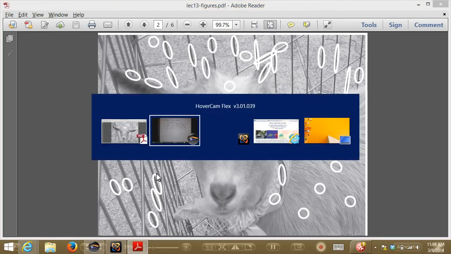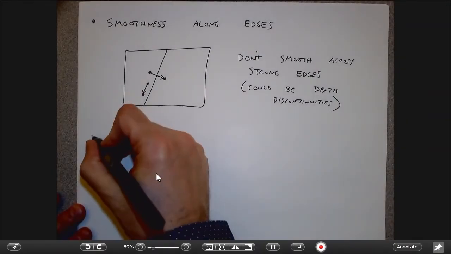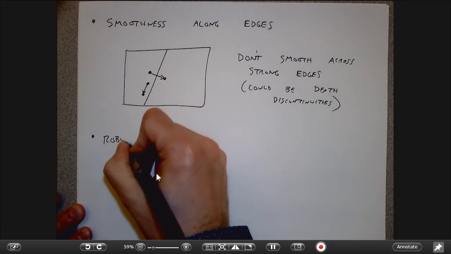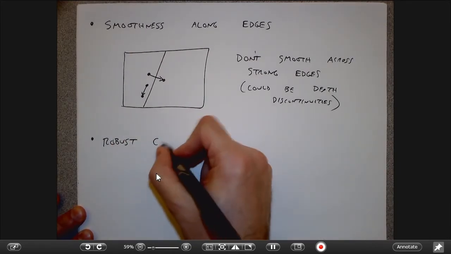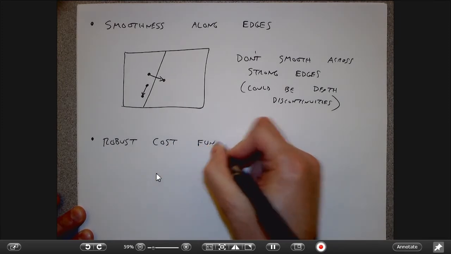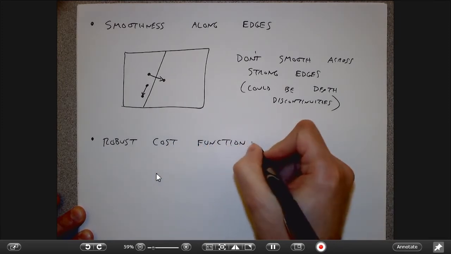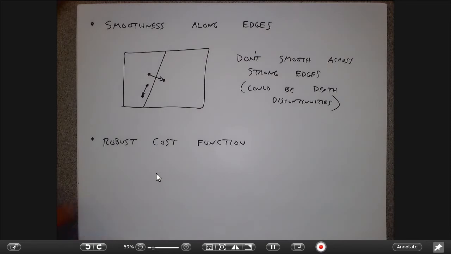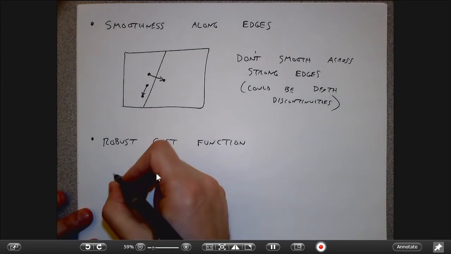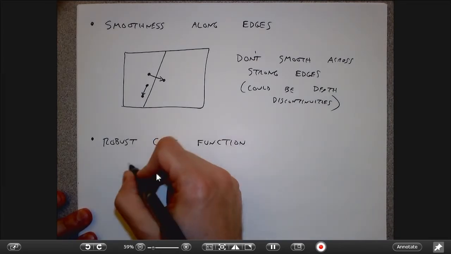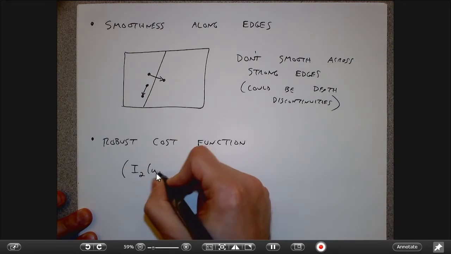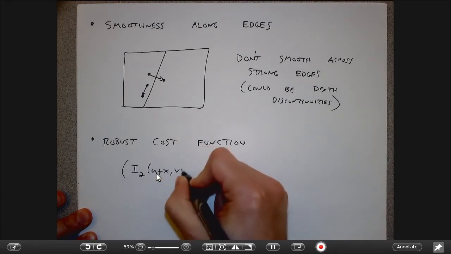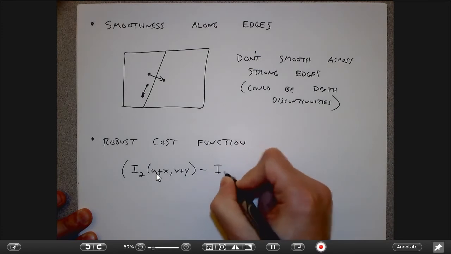Another thing that you see, and this is a general issue in lots of computer vision problems and estimation problems in general, is what I would call the issue of making a robust cost function. And what that means is that, what I have in the data term, for example, is the difference between this number and this number.